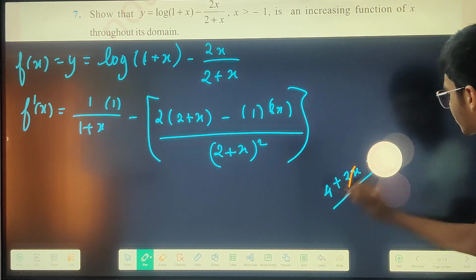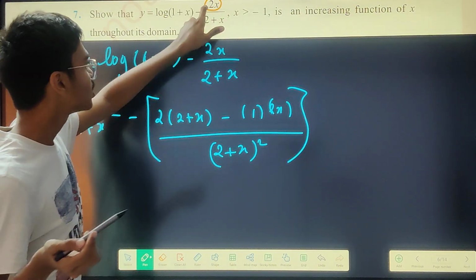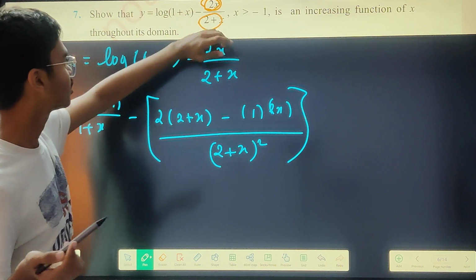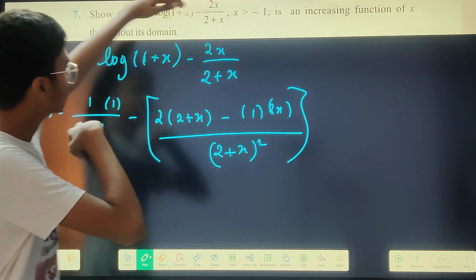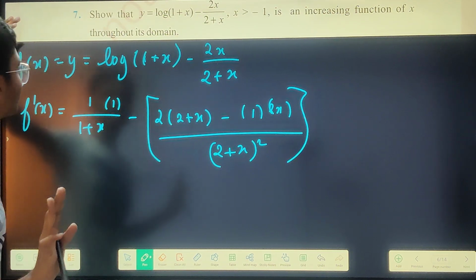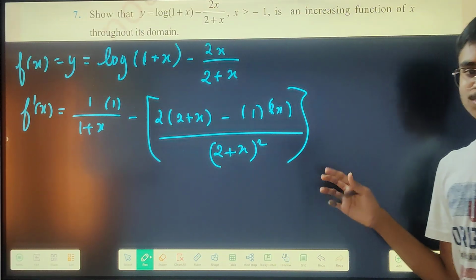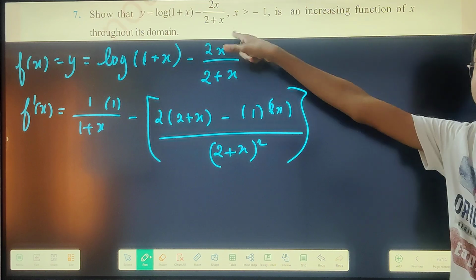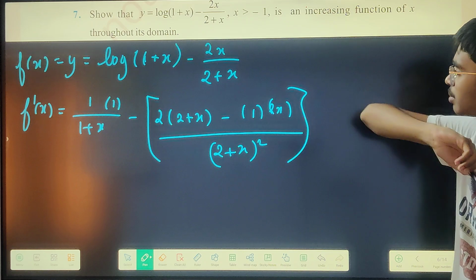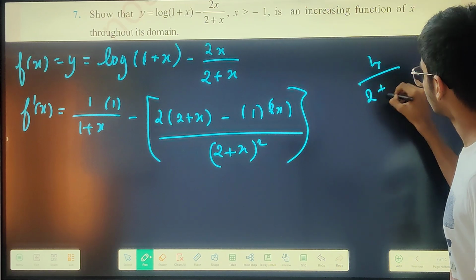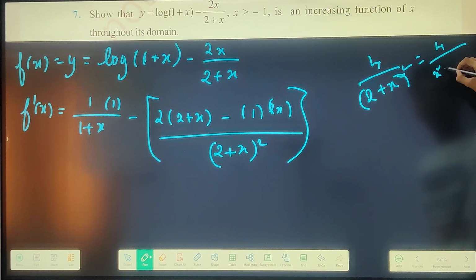What he said is, when you have a simple thing like this, the differentiation is: first differentiate, then square it, and square the denominator too. For very simple fractional differentiations it will be applicable. So here it will be 4 by 2 plus x the whole square.